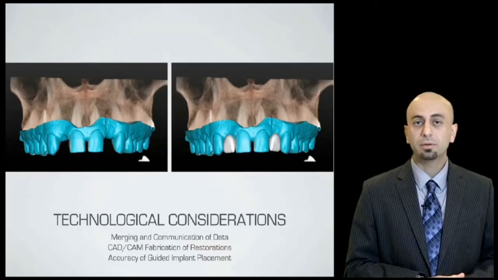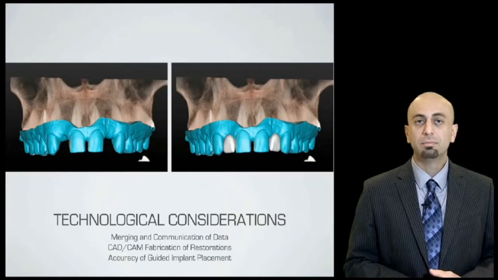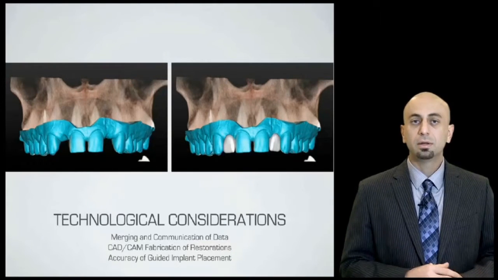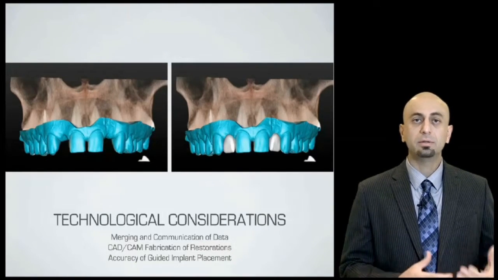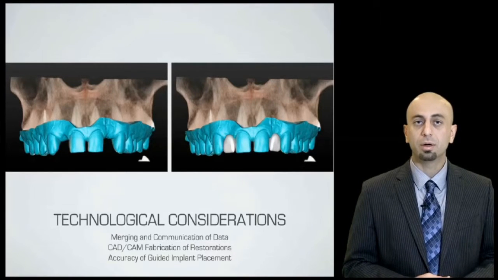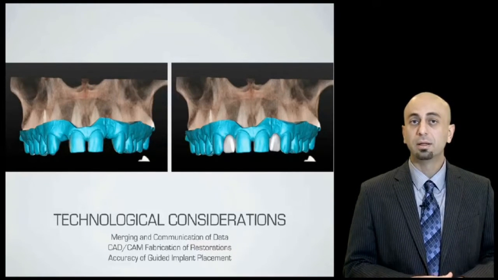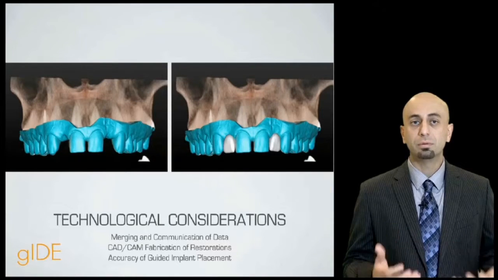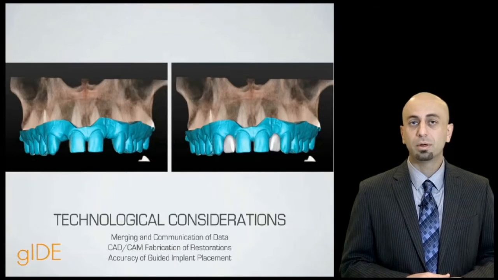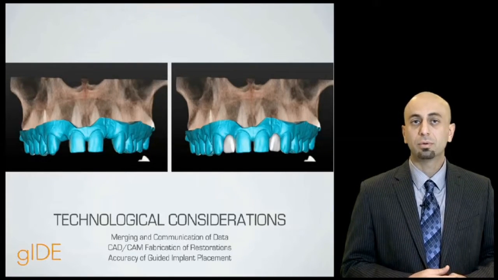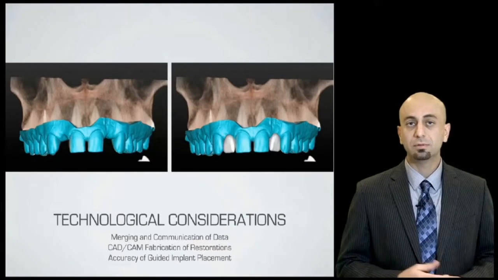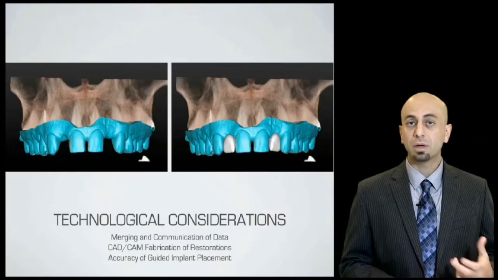That is the type of file that gives us the bone quality and quantity, and there are many softwares now out in the market where you can combine these two data and do the treatment planning for implant placement, for the type of restoration that you would want to receive, and also for the surgical guide.